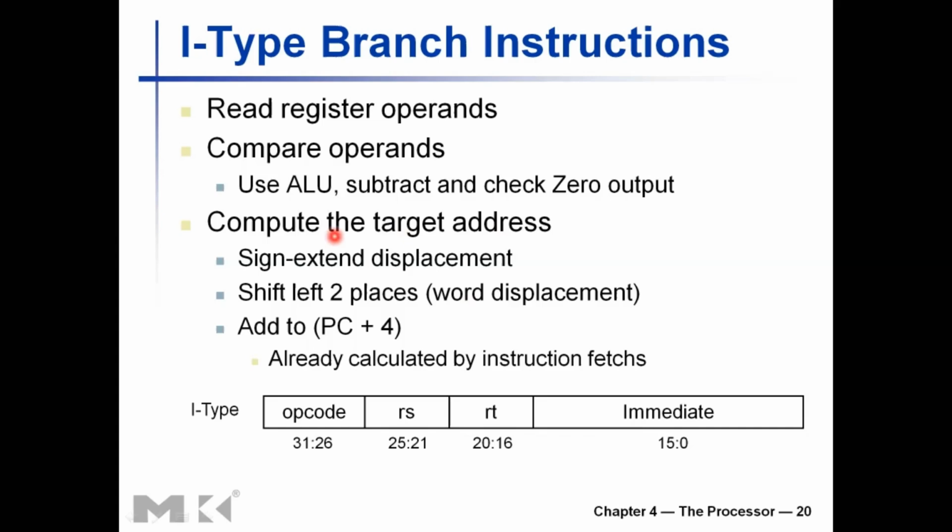Then when computing the target address, you need to do some manipulation as well, because the address in the program counter is a 32-bit byte address with the least significant 2 bits as 0, as we discussed earlier. Because we are accessing memory locations as multiples of 4 as words.